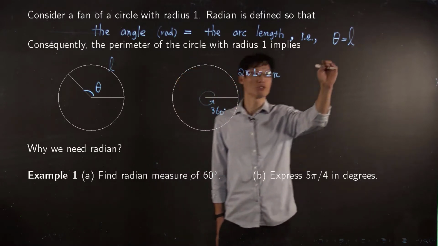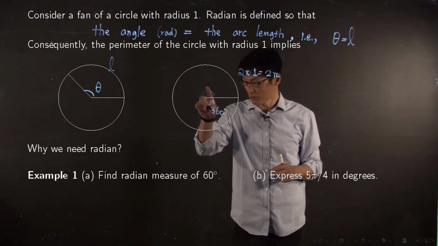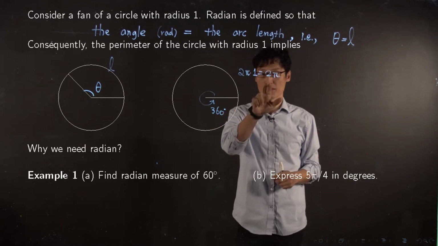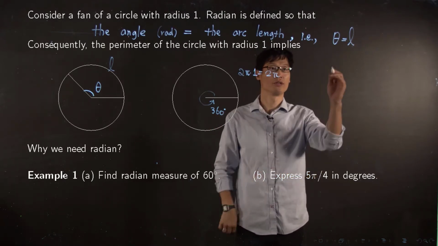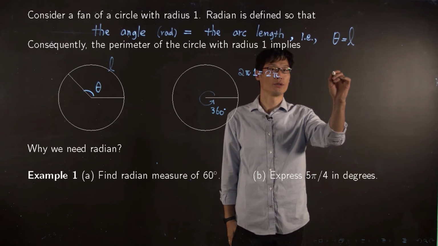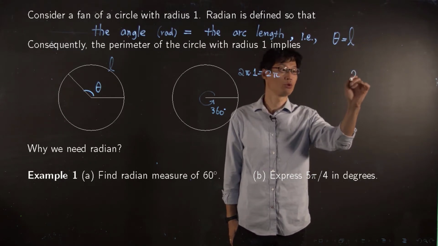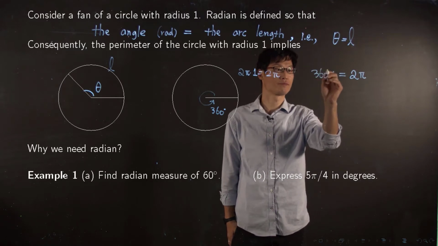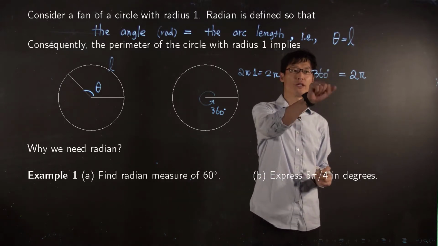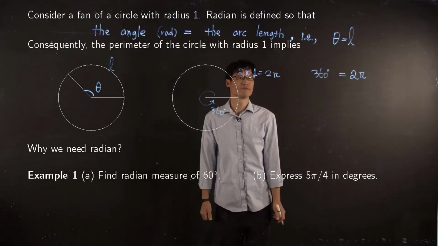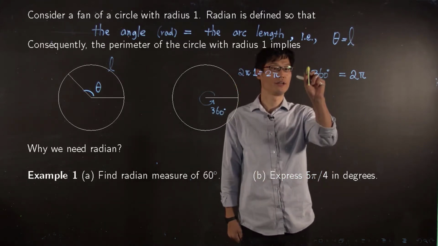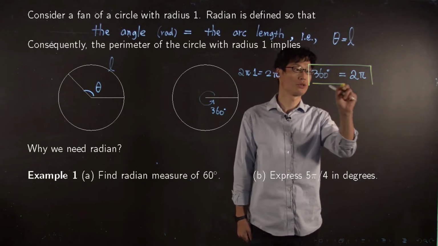So by definition, if you measure this angle in radian, this radian must be this perimeter. So the length 2 pi must be 360 if we measure this in radian. That's it. So we have a very nice identity: 360 equals 2 pi.